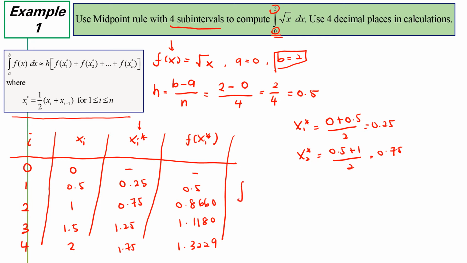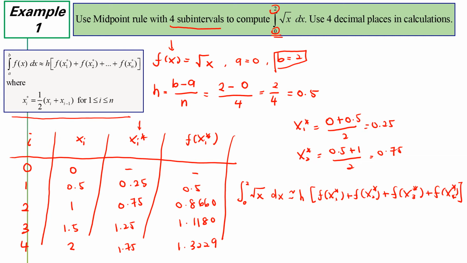Next you just substitute the values in the formula. The integral of square root of x from 0 to 2 dx is approximately h times f(x1 star) plus f(x2 star) plus f(x3 star) plus f(x4 star). You must remember our n is equal to 4, so we go until f(x4 star).